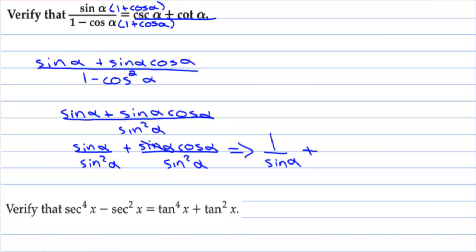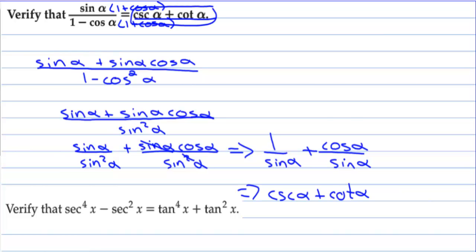And one of these sines cancel out. We're left with cosine over sine. And that turns into 1 over sine is cosecant, and cosine over sine is cotangent. And I think that's exactly what we wanted. Yep, cosecant plus cotangent. Now, if you ended up with cotangent plus cosecant, that's the same thing.